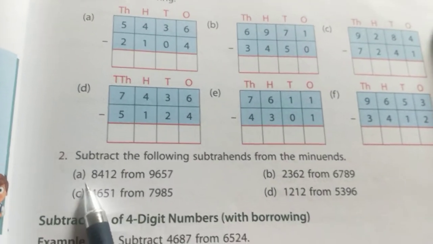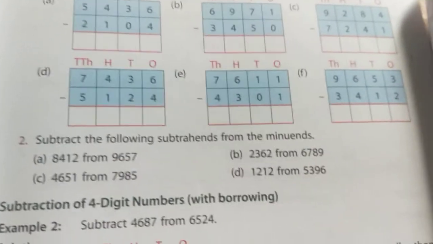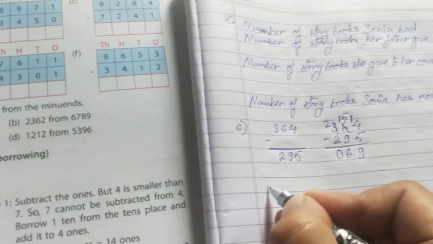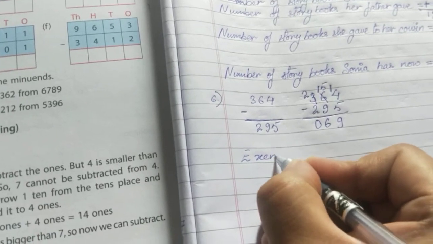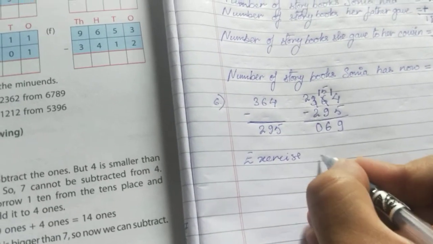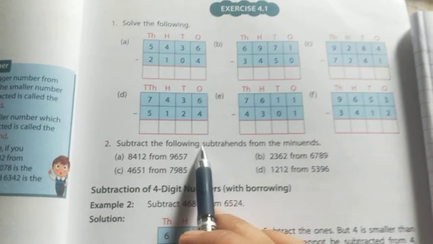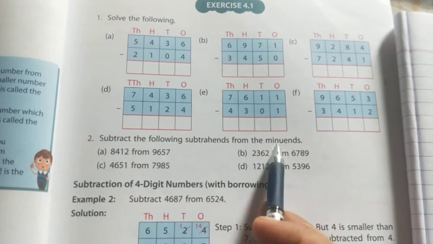Now here in question number 2, I am going to do it for you as an example from exercise 4.1. They are asking to subtract subtrahends from the minuends.